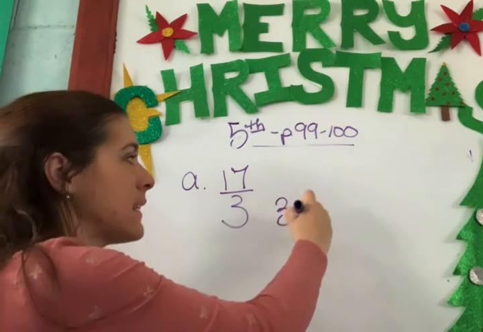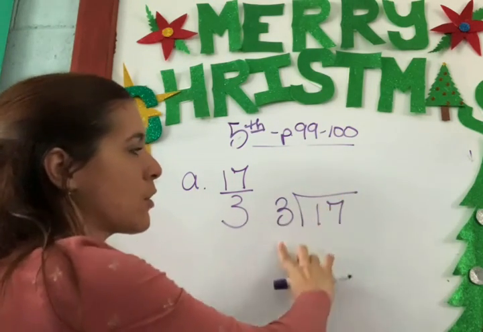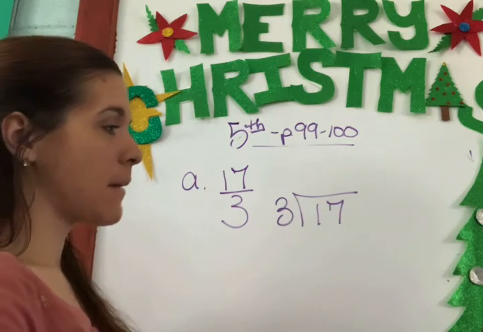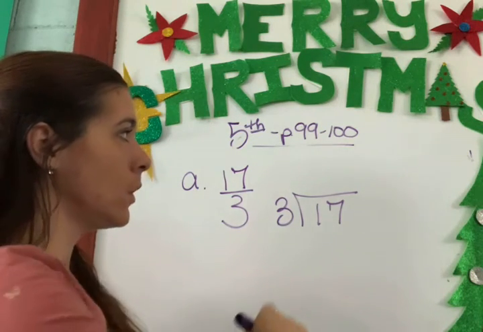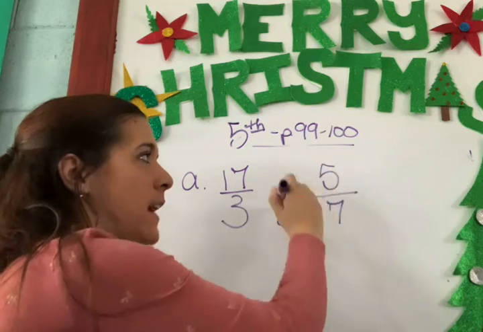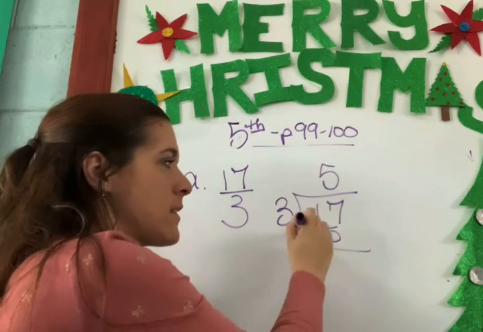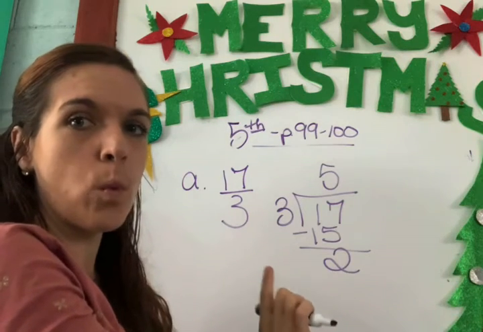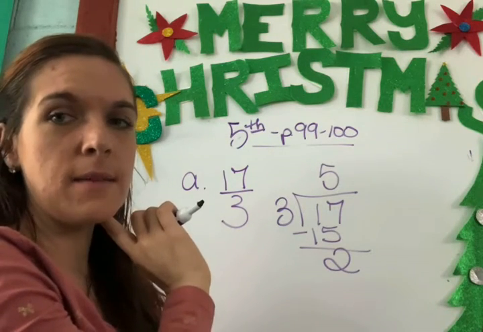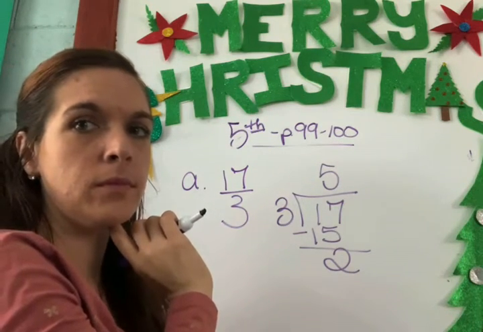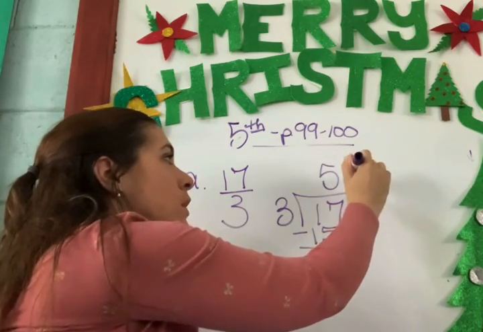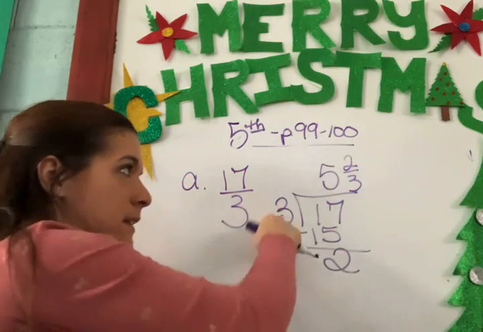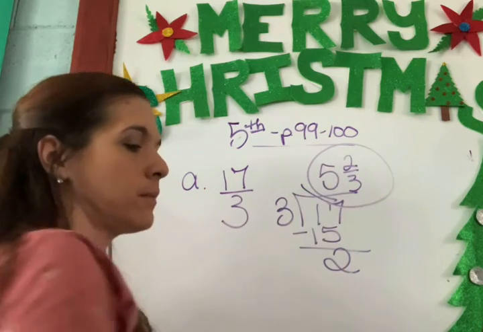So we divide it like this, right? So 3 can go into 17 how many times, Oscar? 5, good. 5 times 3 is 15. 17 minus 15 is 2. So our fraction is what, Ethan? 2 over 3. Good. This over this is our fraction for our remainder, okay?